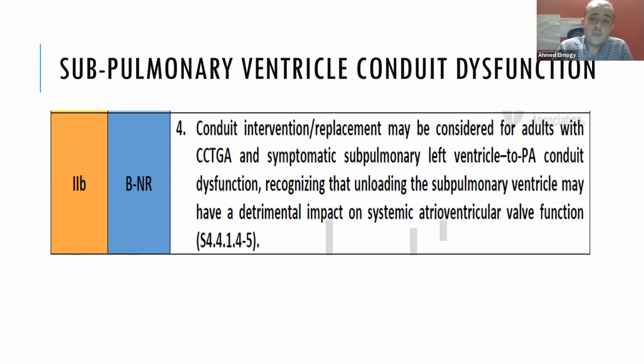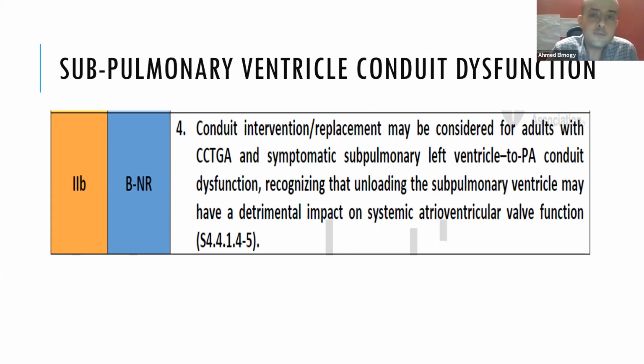When you open the way, patients usually outgrow this conduit and they develop a degree of stenosis. And when it's relieved, the subsystemic ventricle will be overloaded again because of the blood flow going to the lungs and back to the systemic ventricle. And this will cause a detrimental impact on the systemic ventricle and the systemic AV valve.